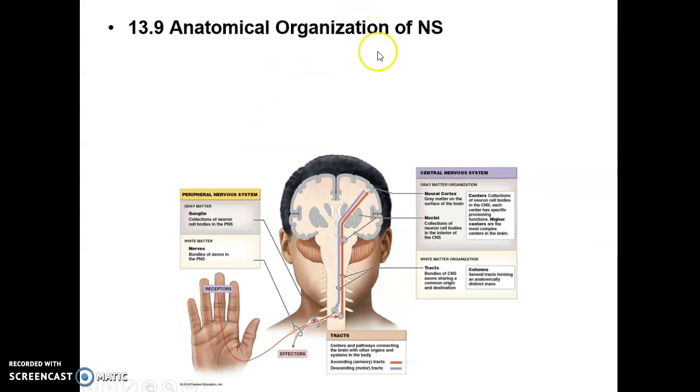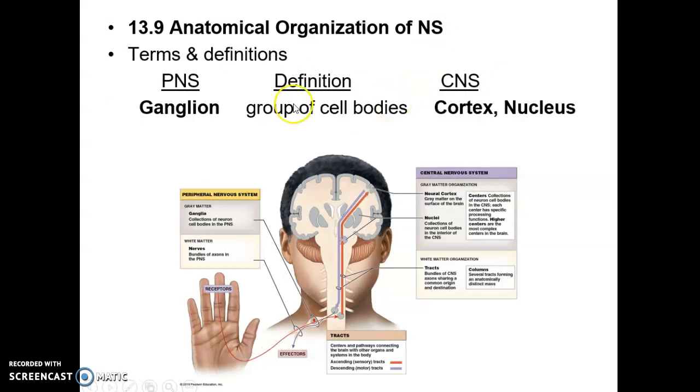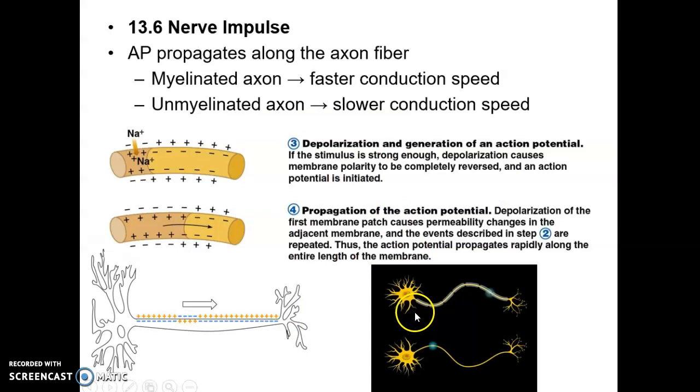Okay, let's look at some organization of nervous tissue in the nervous system, some definitions, peripheral nervous system, and central nervous system. So a group of cell bodies, meaning cell bodies of neurons at the nucleus.